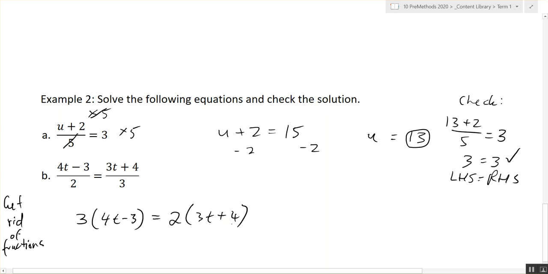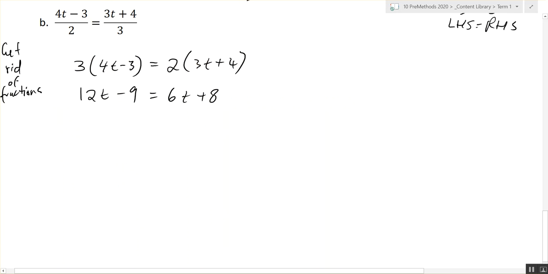So we're going to times both sides by 3, both sides by 2, so you're left with that. You then distribute the 3. Then you distribute the 2. Bringing all the t's together, collecting like terms.